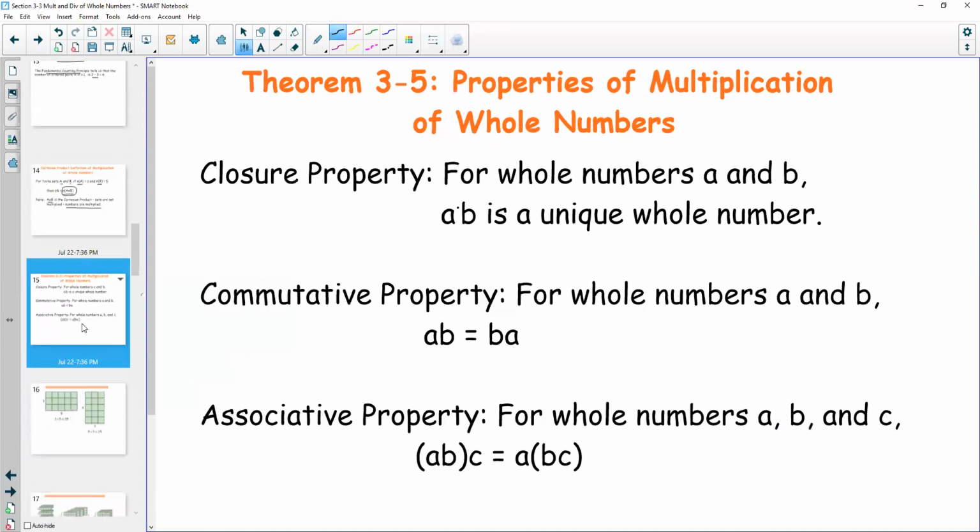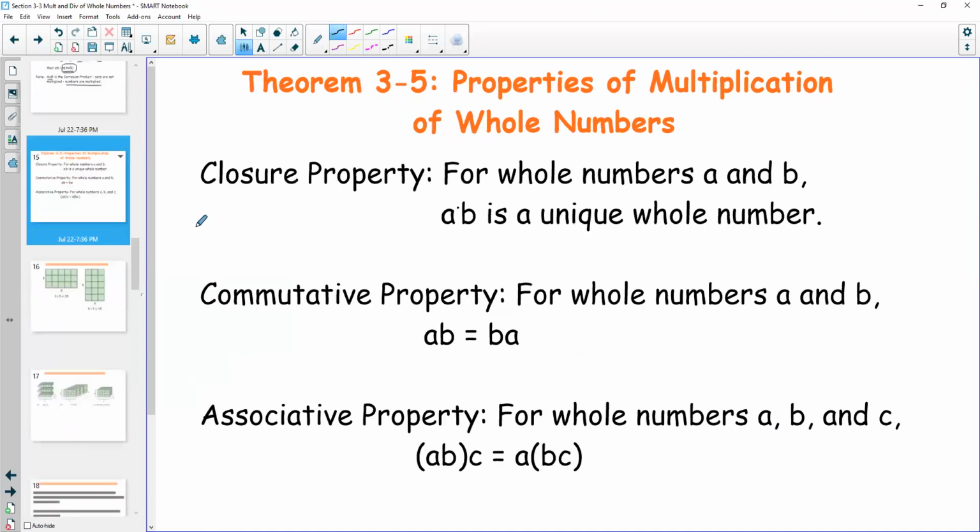All right, so some properties of multiplication, closure. Just like we did with addition, for certain sets, multiplication can be closed. So if I have a and b, their product is a unique whole number. A set is closed in multiplication if that result is in the set, just like it was for addition.